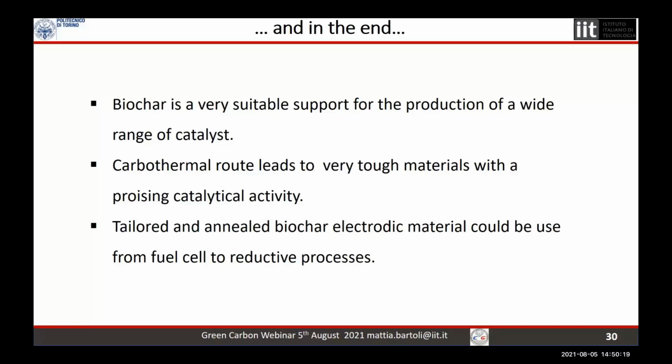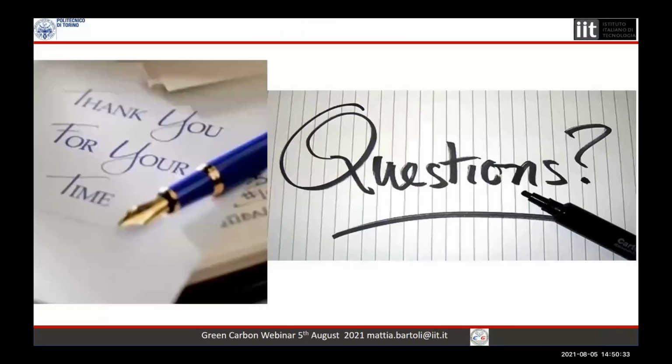And this is a very promising, I know that I said it a lot of times, but it's true, new approach for all those processes that are aiming for increased sustainability. So, I finish, and if you have any question, I'm ready to answer them.